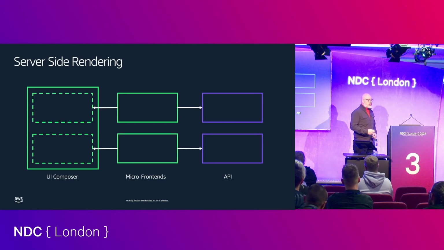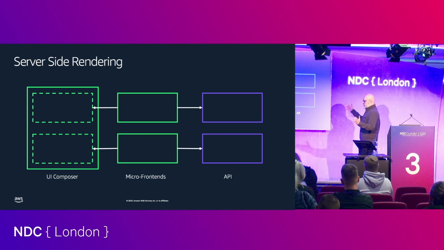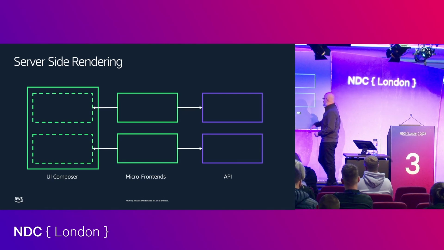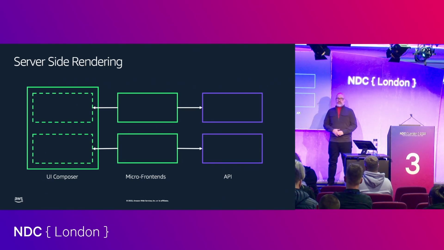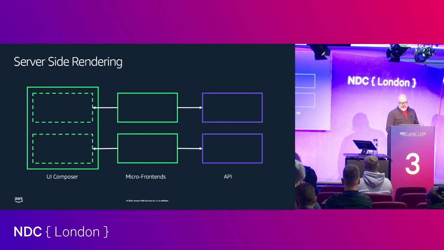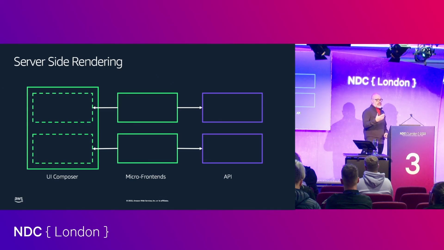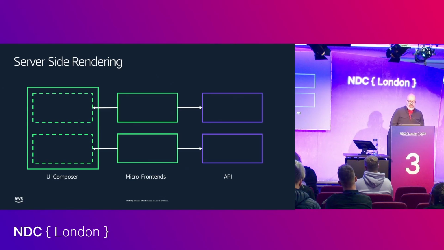The UI composer is responsible for retrieving multiple micro-frontends and putting them together into a template, and then every micro-frontend is responsible for calling their own API for handling its part. Now, this is quite simple. On the other side, APIs are obviously called when they are in the browser, but here, if we can cache the content inside the micro-frontend, you can do it in this way.